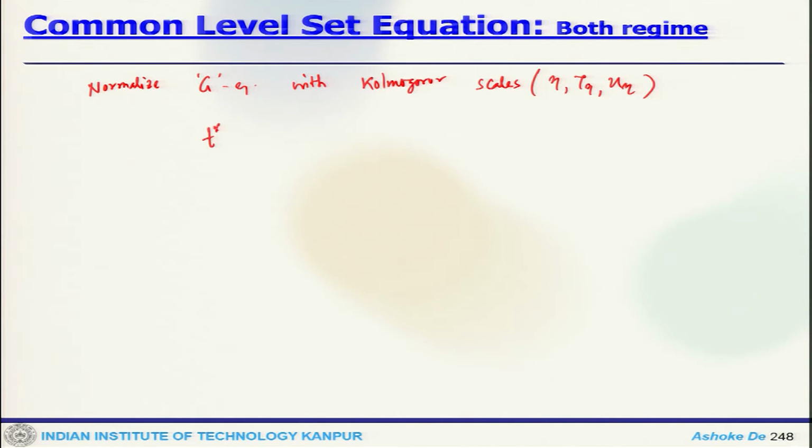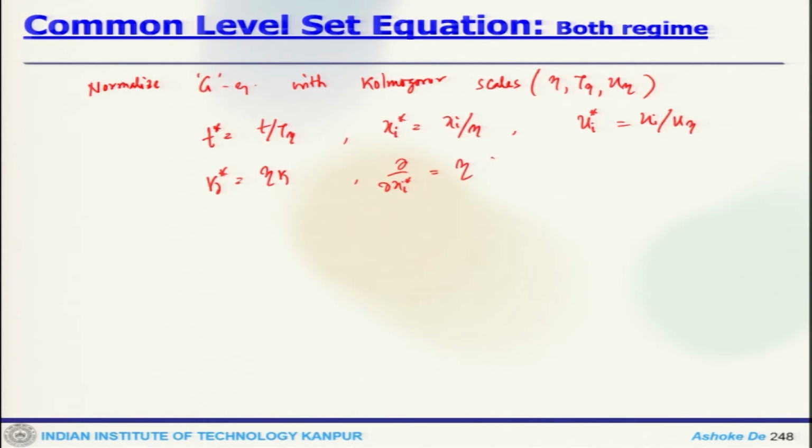Our t star would be t by tau eta, xi star would be xi by eta, ui star would be ui by u eta, and kappa star would be eta kappa. Del del xi star is eta del del xi, and delta star is eta delta.